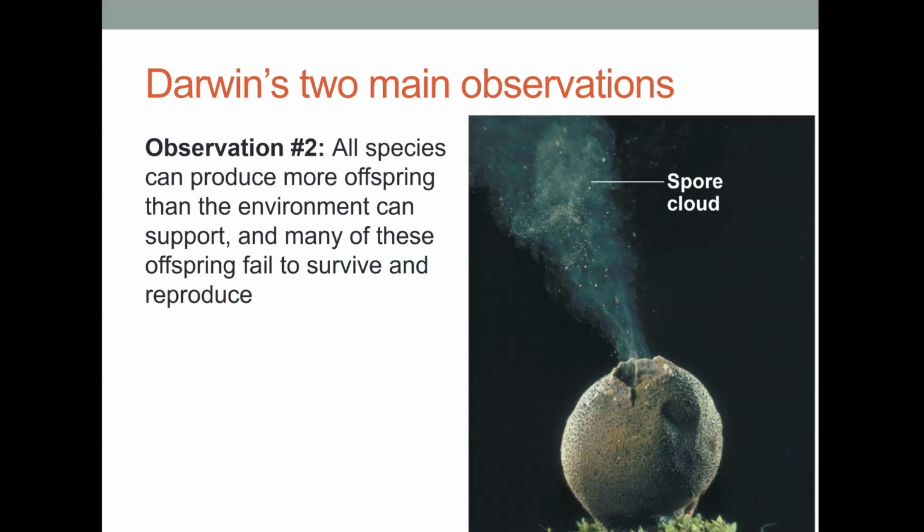All right, observation number 2. If the first one's obvious to you, the second one is usually not as obvious to students. You might think you understand this, but I don't think students really appreciate how harsh and cruel nature is. The reality is that the vast majority of things that are born, or germinated in terms of plants, die very soon. They never make it to adulthood.